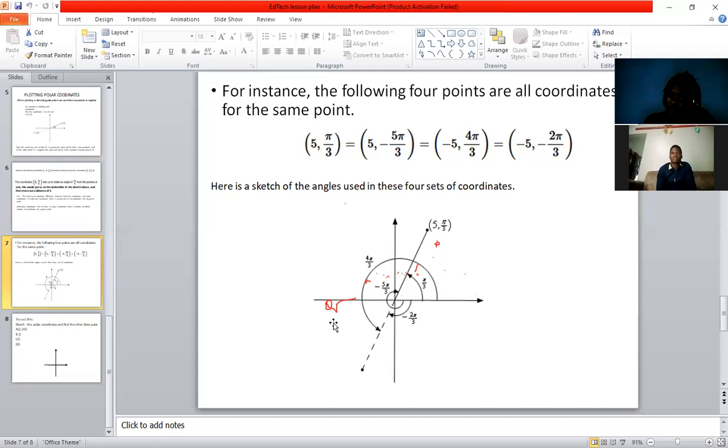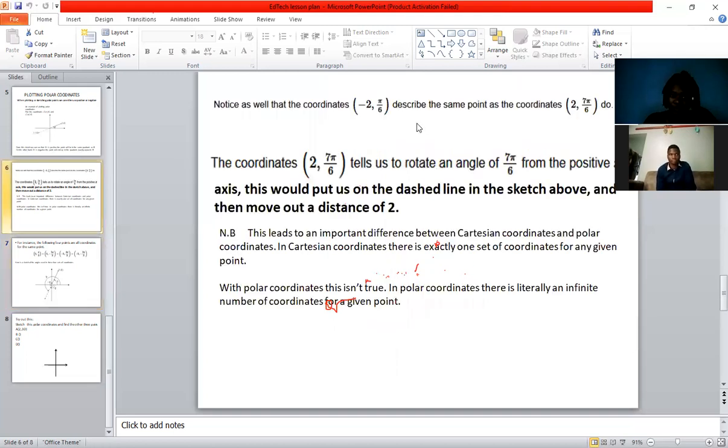Okay, well and good. You said we skipped a slide. Yes, this slide that we skipped was telling us that the other negative 2 that we got can still be a positive, but instead of 7 pi out of 6.